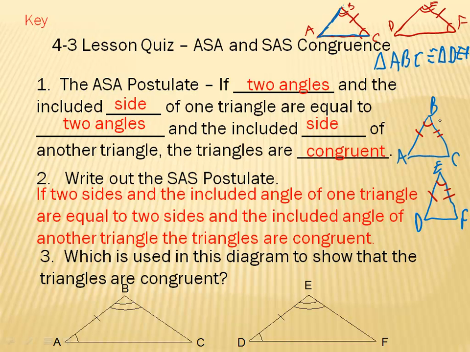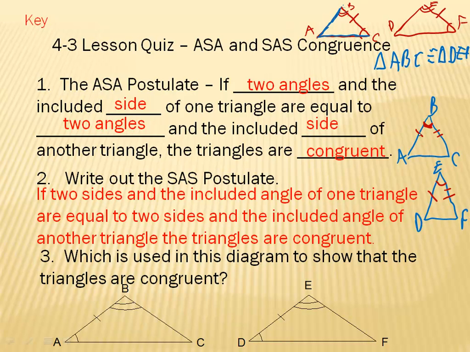If we have them set up in this relationship, two sides and the included angle. So what's the included angle? The same thing as with the included side. It's the angle that the two sides create. This angle here has as the sides of that angle AB and BC.